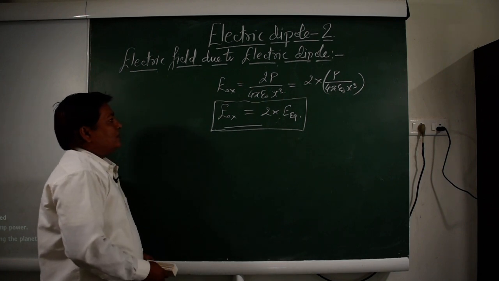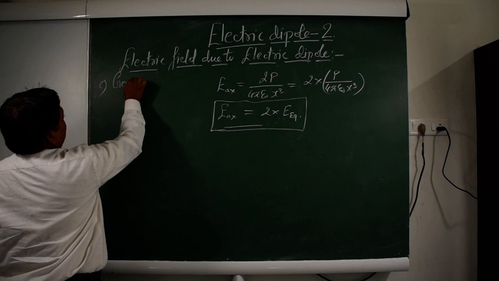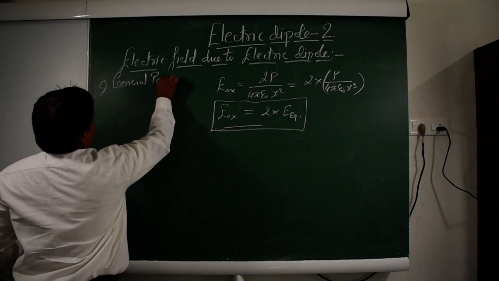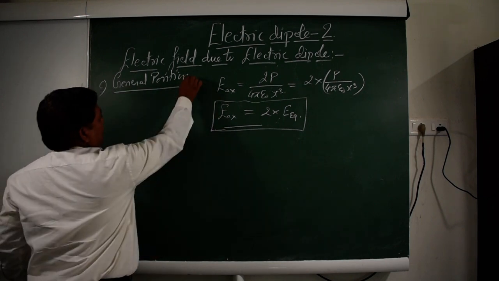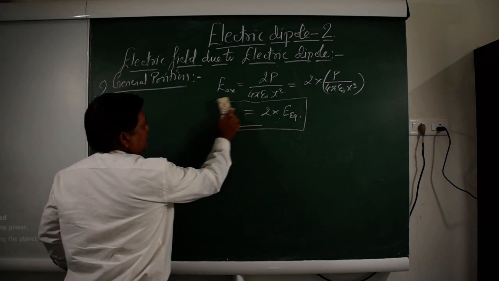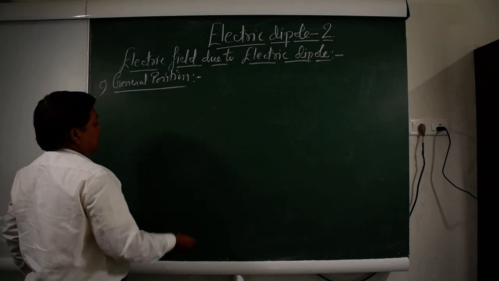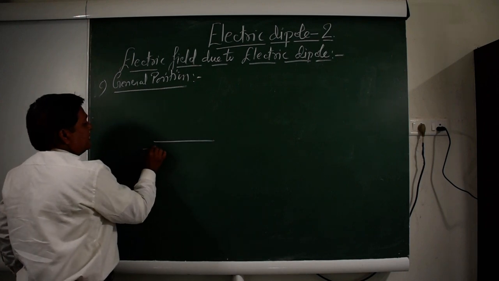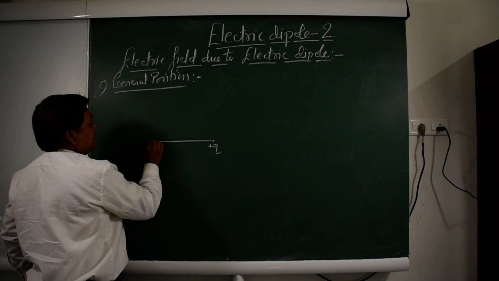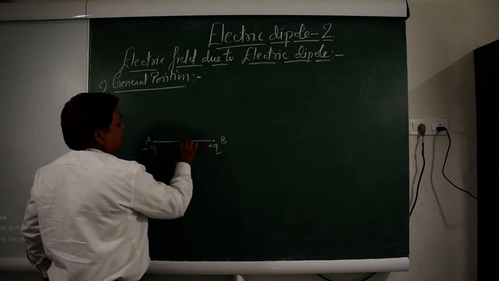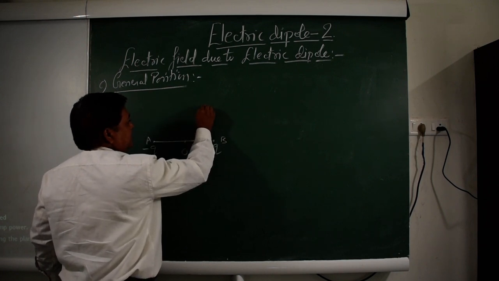Now let us take the third condition, the general position. We determine the electric field at a general position of the electric dipole. So let us go through it. This is the electric dipole, with minus q charge and plus q charge at the two ends, A and B. This is the center O, and this is the general location.